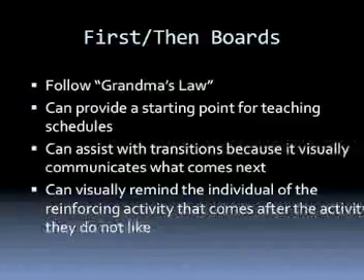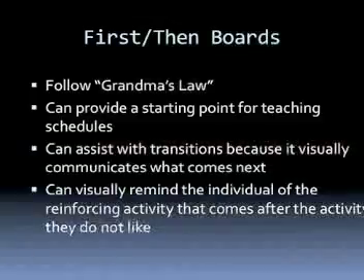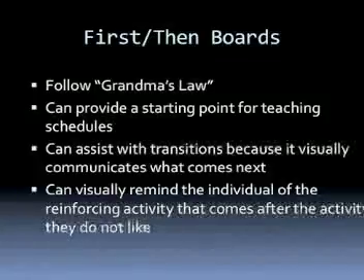It's not just developed for kids with autism. In fact, these supports were used for other individuals long before they were used for individuals with autism. So they are great supports, and you can use them with a variety of individuals, so don't think that you have to just use this with people with autism.